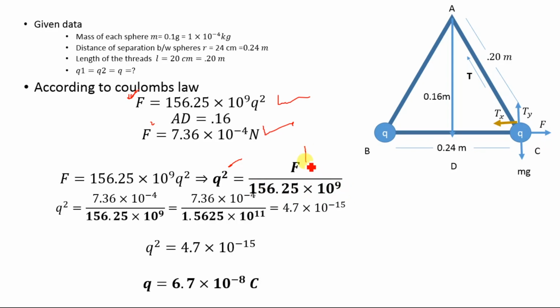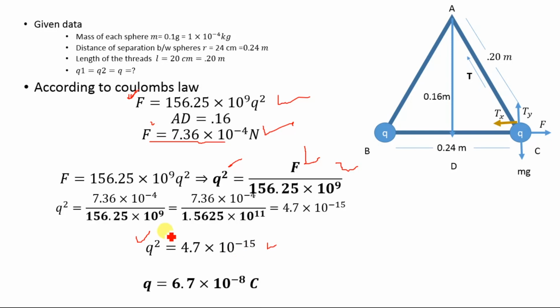Now substitute the value of F. F value is 7.36 multiplied by 10 power minus 4 in this equation. We will have Q square is equal to 7.36 multiplied by 10 power minus 4 divided by 156.25 multiplied by 10 power 9. Further simplifying and solving, we will get Q square is equal to 4.7 multiplied by 10 power minus 15.